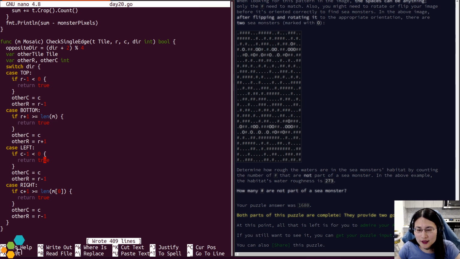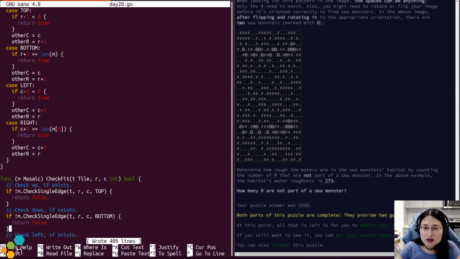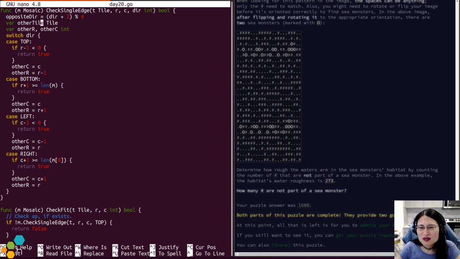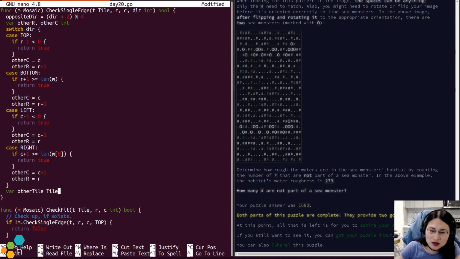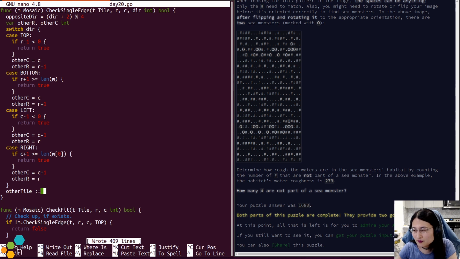R plus 1, C minus 1, R and C plus 1, R. So now, what is the other tile here going to be? The other tile here is going to be mosaic index R, C.